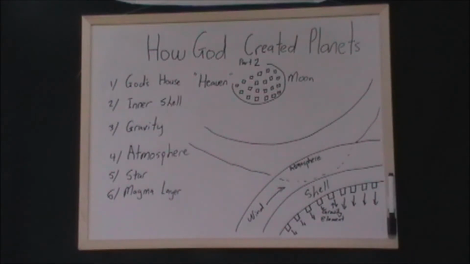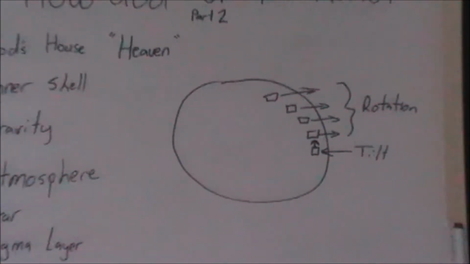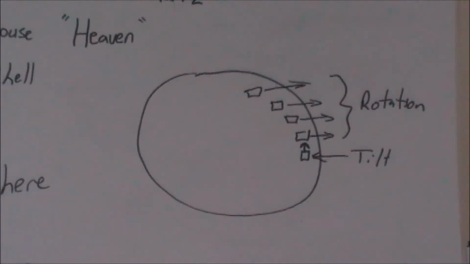So planet heaven had planet rotation, and how that is accomplished is we have a gravity element that's pointing in one direction, and it pulls the planet around.